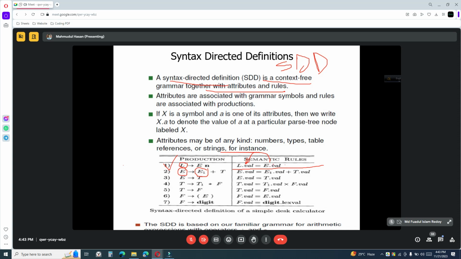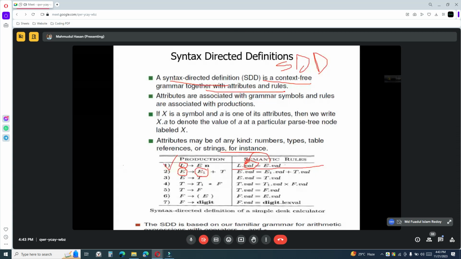The value of E is assigned to the value of L. So which is the parent and which is the child in the production rule? E is the child and L is the parent. So here the parent depends on the child to calculate its value. This is known as a synthesized attribute. That means value is the synthesized attribute here.